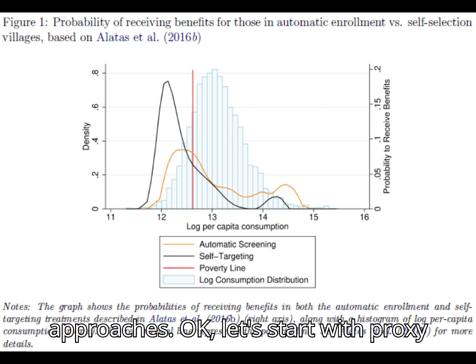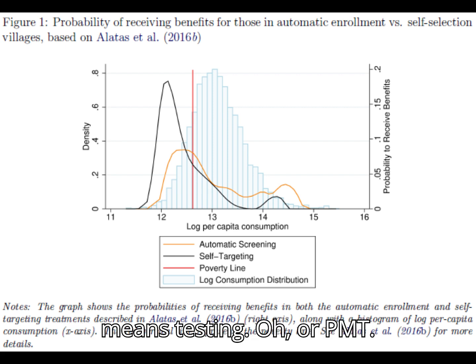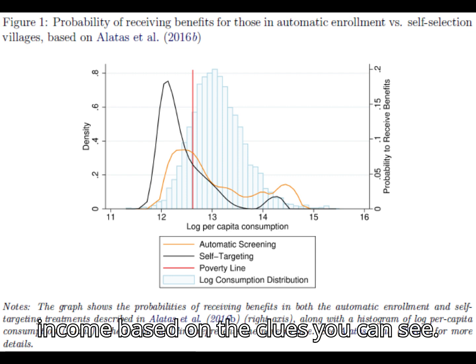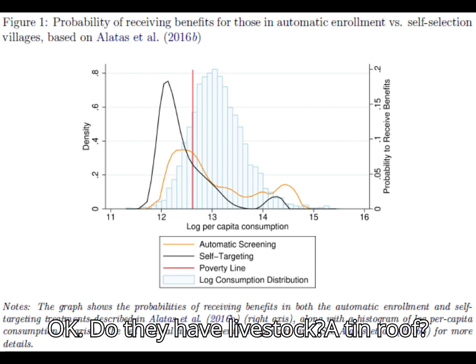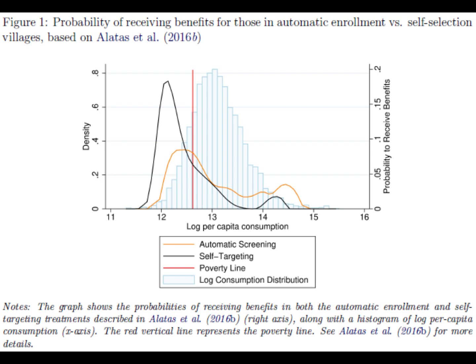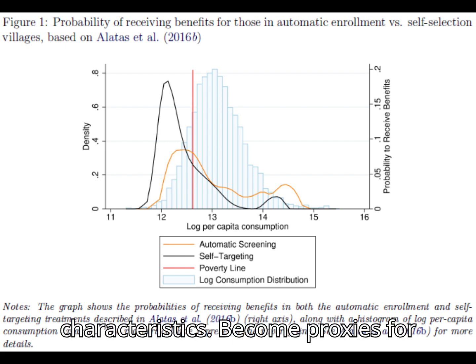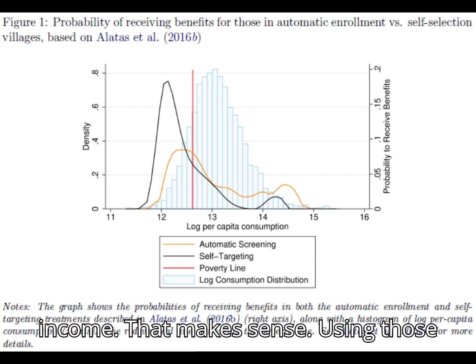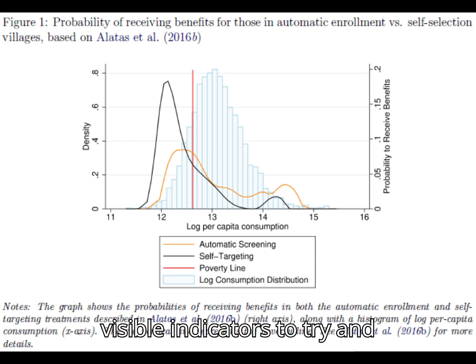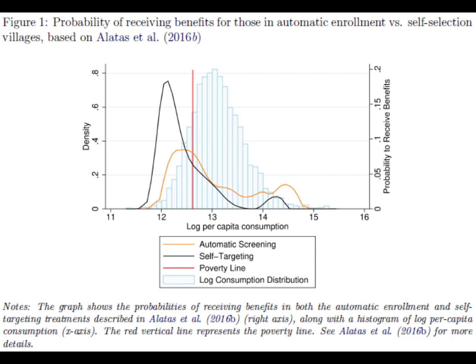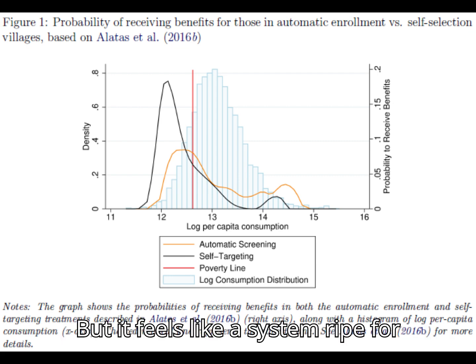Let's start with proxy means testing, or PMT. It's like trying to deduce someone's income based on the clues you can see. Do they have livestock? A tin roof? A well? These observable characteristics become proxies for income. That makes sense, using those visible indicators to try and gauge someone's economic situation. But it feels like a system ripe for errors.